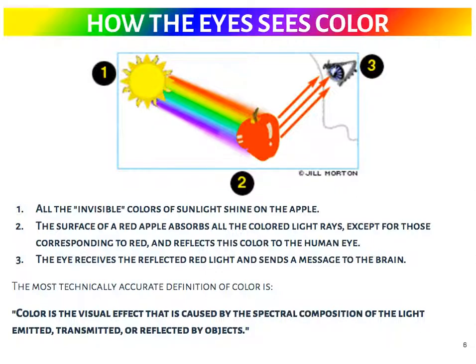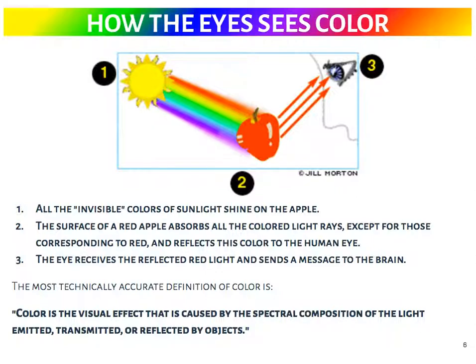Now, the surface of the red apple absorbs all of the light rays except for those corresponding to red, and it reflects this color to the human eye. So the eyes receive the reflected light and send a message to the brain like, hey, this is red.